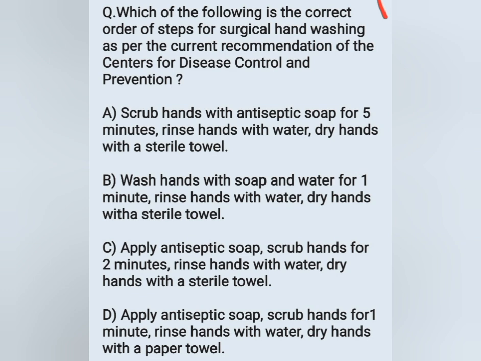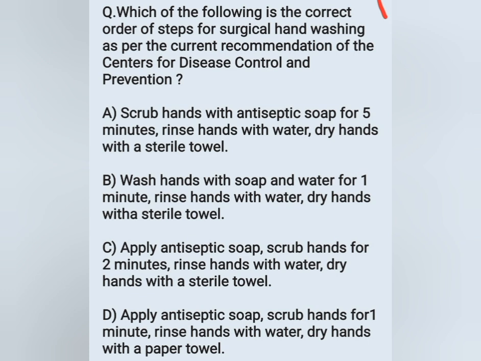Option B, wash hands with soap and water for 1 minute, rinse hands with water, dry hands with a sterile towel. Option C, apply antiseptic soap, scrub hands for 2 minutes, rinse hands with water, dry hands with a sterile towel. Option D, apply antiseptic soap, scrub hands for 1 minute, rinse hands with soap and water, dry hands with a paper towel.